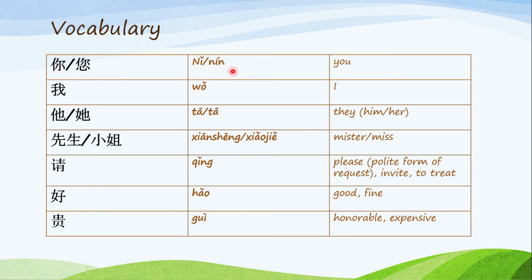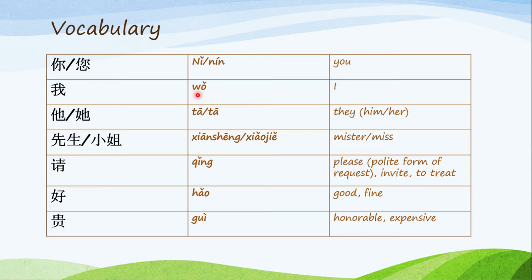Nin is used for anyone that's a higher level than you, a more honorable status, such as your boss or your teacher, maybe your grandmother, of course, and yes, anyone you find that is respectable, use nin.